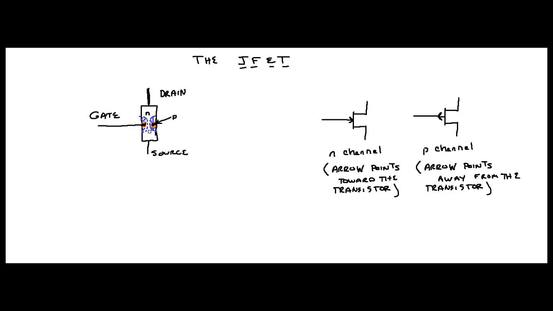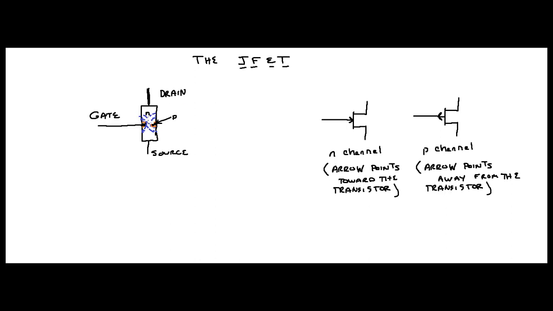Now, if I change the voltage, I can change it so this depletion region basically gets very small, in which case it's practically not even there, or I can make it very big, in which case it completely closes the channel, alright?